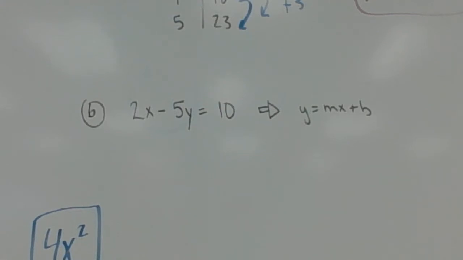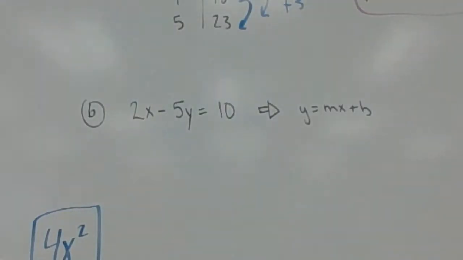And then you could plug in, let me show you. If this is x1 and this is y1 and this is x2 and this is y2, I would have 13 minus 8 over 3 minus 2, which is 5 over 1.